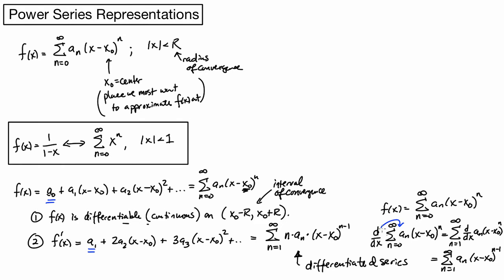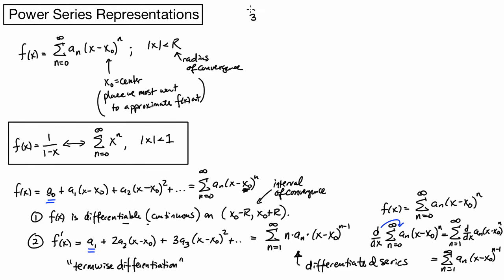And so this explains how you can do the operation of differentiation on a power series. Very important result. This whole process or explanation that I'm giving is what's known as term-wise differentiation. So if you have a power series representation of a function, then you can obtain the power series representation for that function's derivative by term-wise differentiating the original power series.